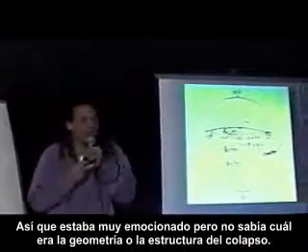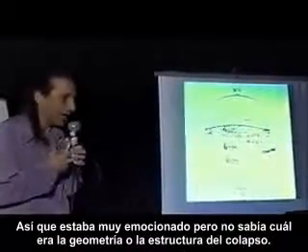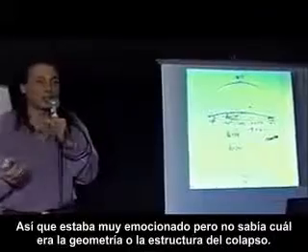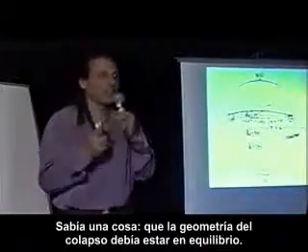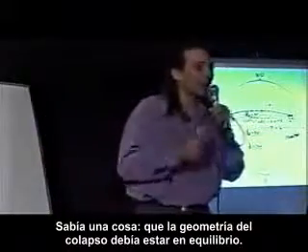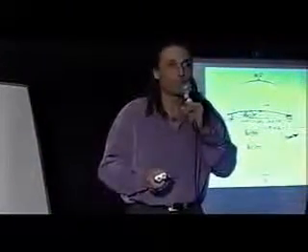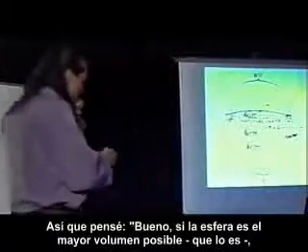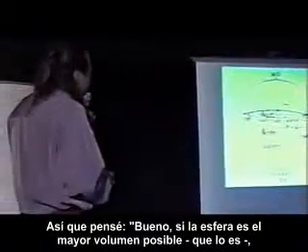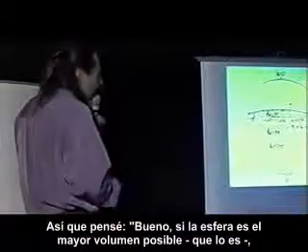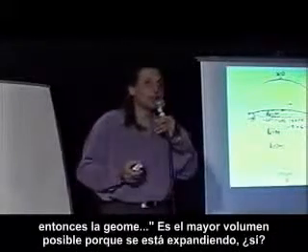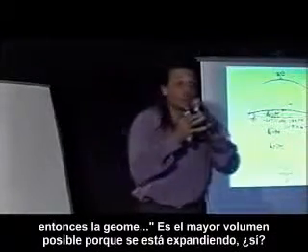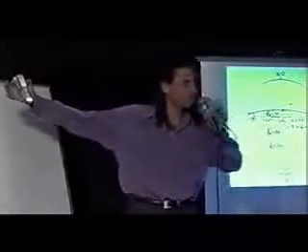So I was really excited about that, but I didn't know what was the geometry or the structure of the collapse. I knew one thing, is that the geometry of the collapse had to be in equilibrium. So I looked and I thought, well, if the sphere is the highest volume possible, which it is, so it's the highest volume possible because it's expanding, right?